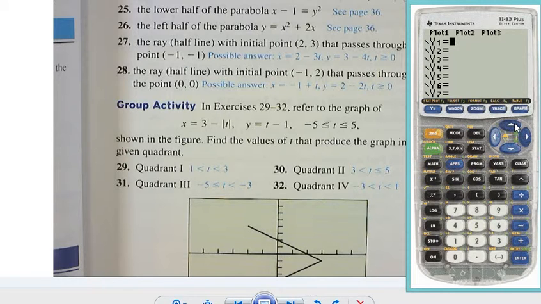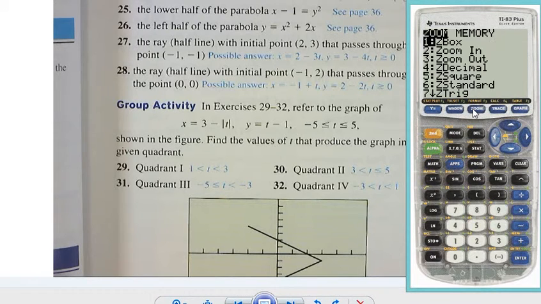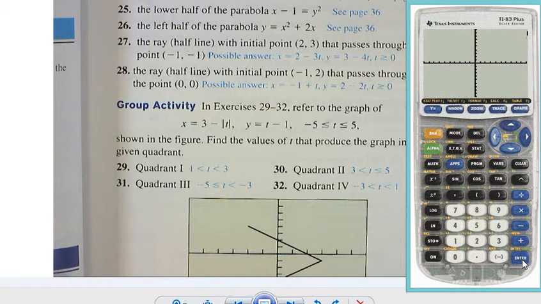And so now I'm going to look at that. And so that's kind of what the graph looks like. And I'm just going to come and do like a standard zoom so we can see what it looks like.